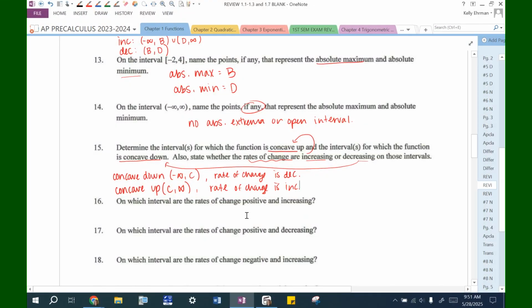On which intervals are the rates of change positive and increasing? So we already know where the rate of change is increasing. It's increasing on C to infinity. So we're looking for a concave up section. What about the rate of change being positive, a positive slope? Positive slope just means the graph is going up.